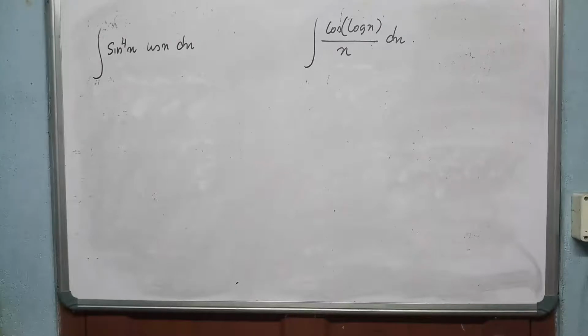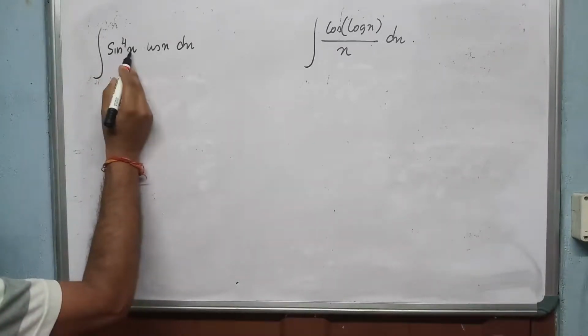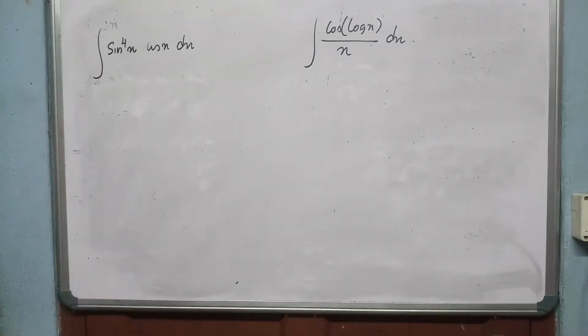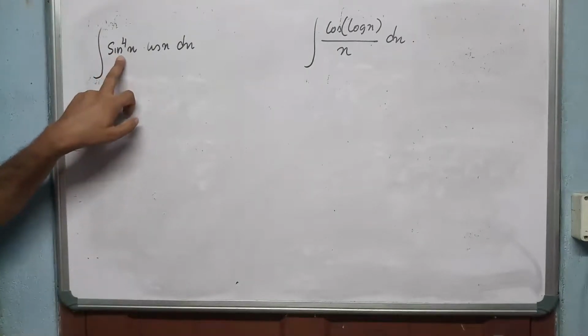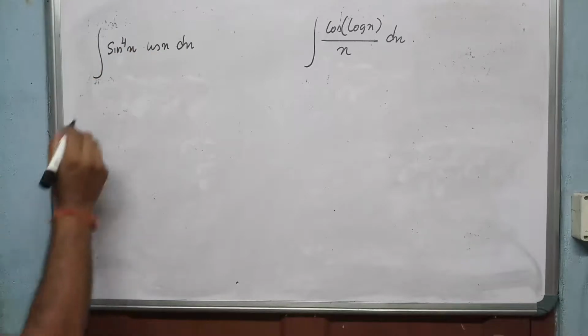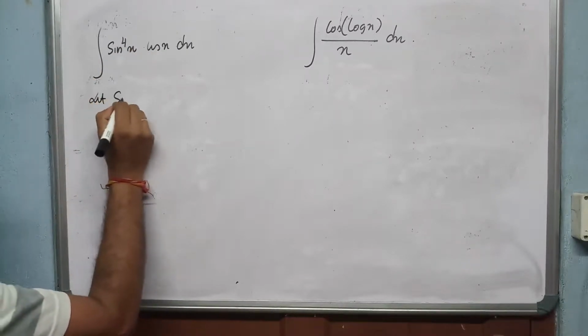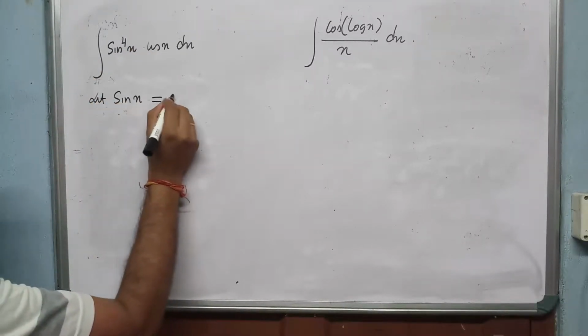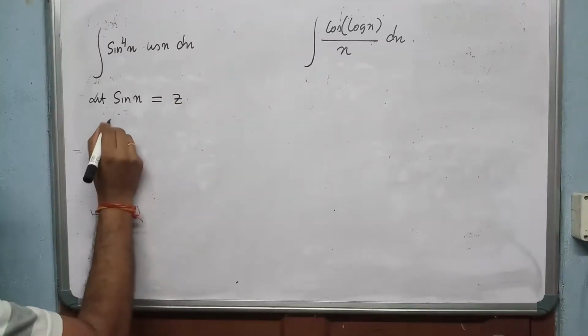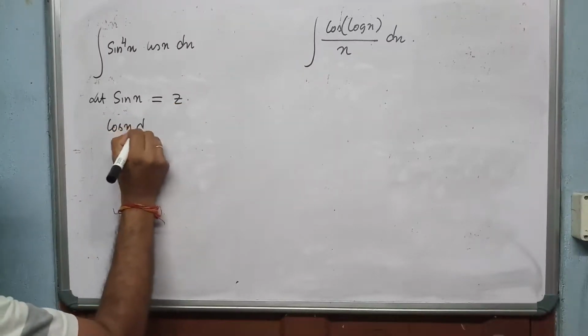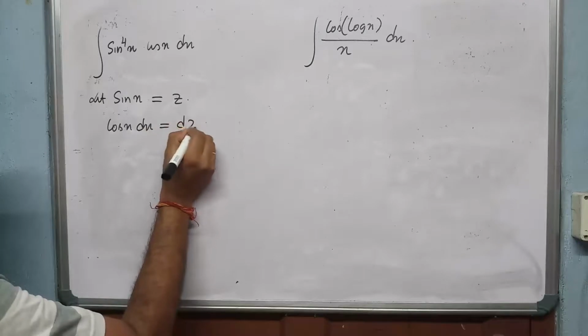Now is the integration of sine to the power 4 x cos x dx. Now say the derivative of sine x is cos x. Its derivative is present over here. So I'll consider let sine x equals to z. The derivative of sine x is cos x dx equals to dz.